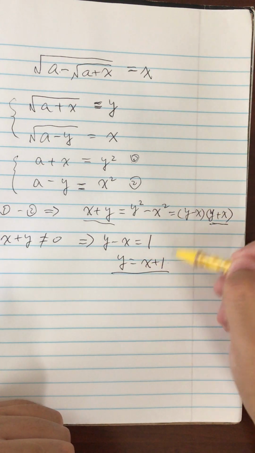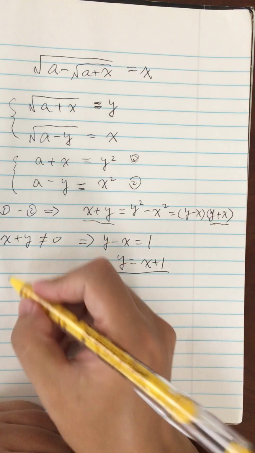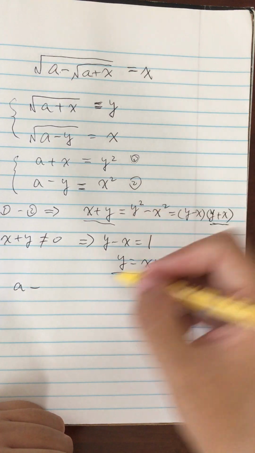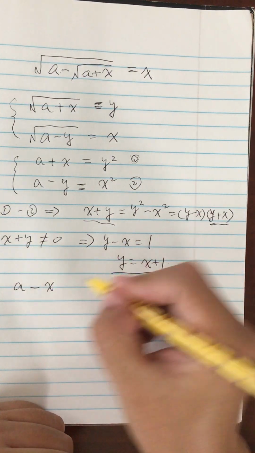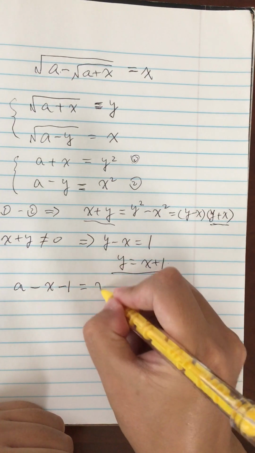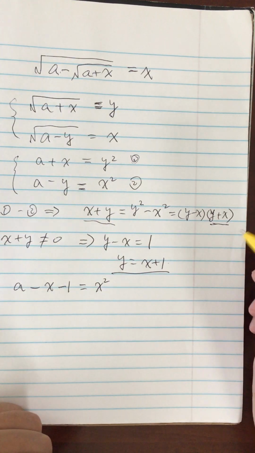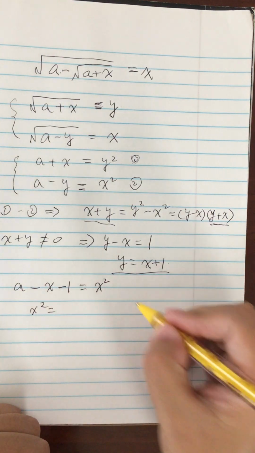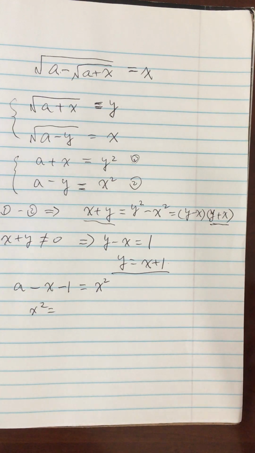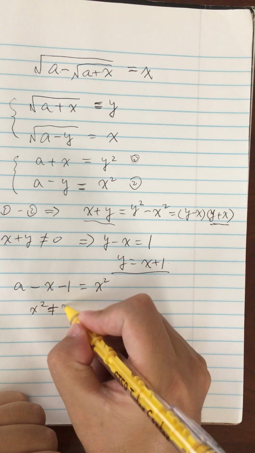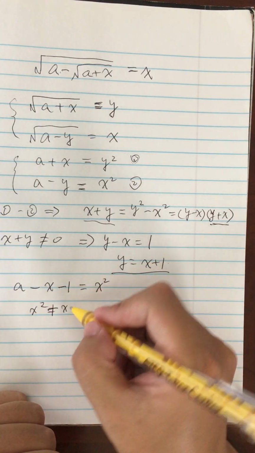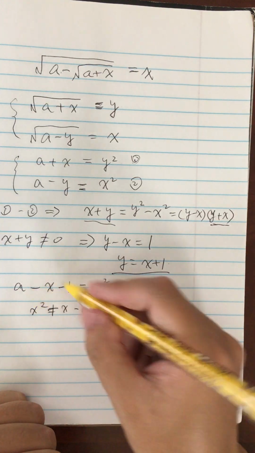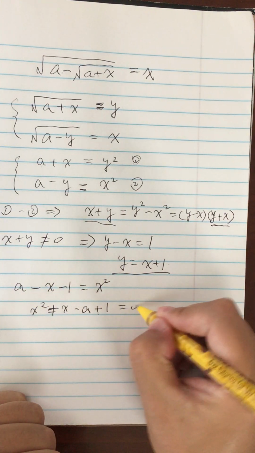If we bring this equation back into 2, we end up with a subtract y, where y equals x plus 1, so it's going to be a subtract x subtract 1 equals x squared. So at this point we get x squared plus x subtract a plus 1 equals 0.